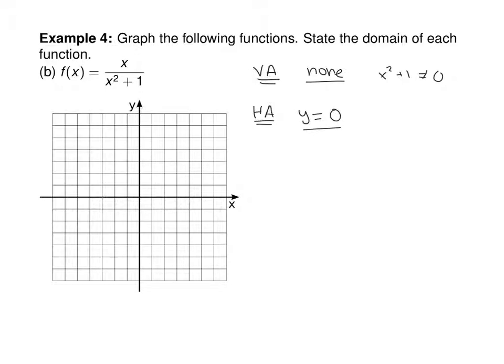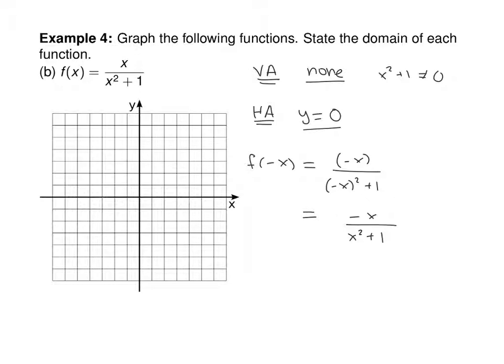Okay, and then even odd. How do you check for even and oddness? You plug negative x in. So you have negative x over negative x squared plus 1, which is negative x over positive x squared plus 1, right? Okay. So it's obviously not the original function, right?